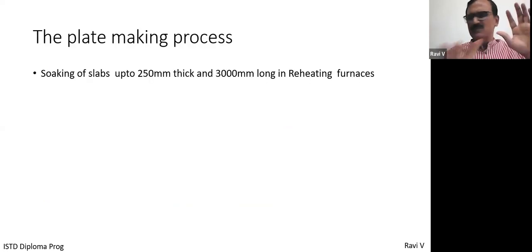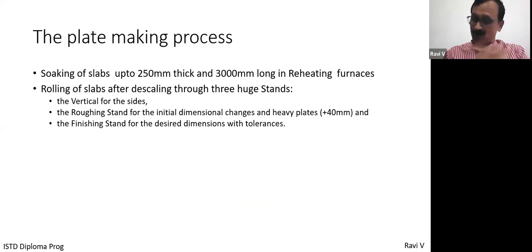Just a brief about the process: the slabs are soaked in reheating furnaces. Slabs are 250 millimeter thick and 3 meters long. The slabs are descaled and then rolled first in the vertical stand, the roughing stand, and the finishing stand. For those of you who are not able to imagine this, it's almost like making a roti out of a dough ball.